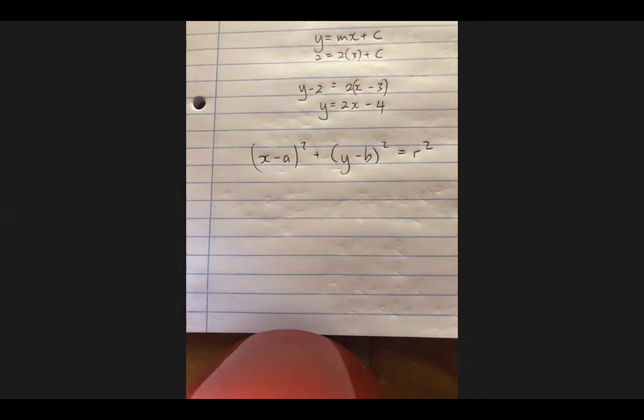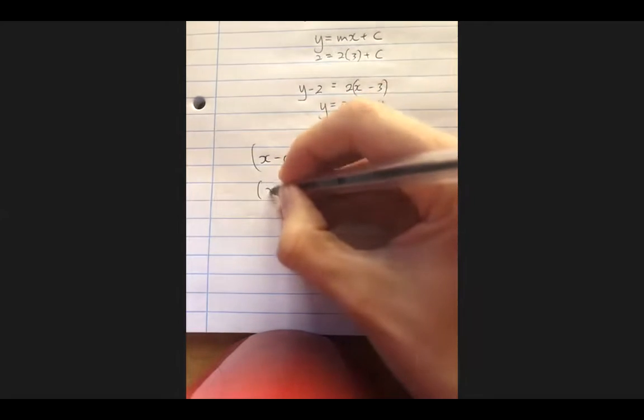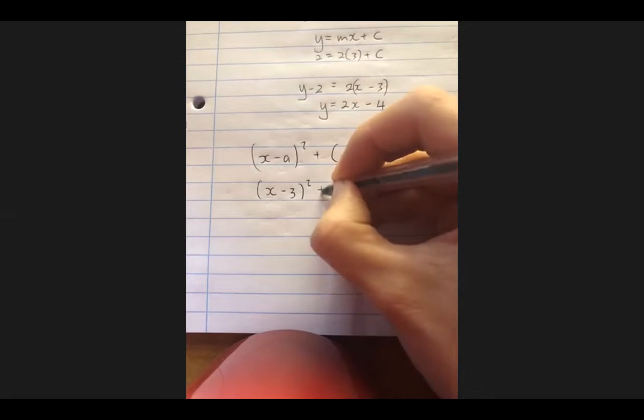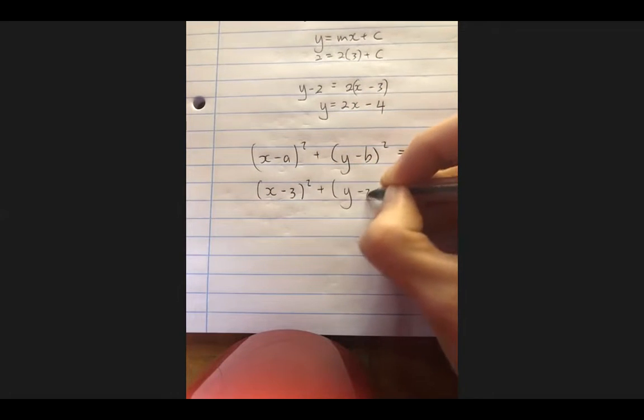So they're asking specifically for the equation with center B. So I'm going to use my B coordinate right into 3 and 2. I'm going to use it right into the A and the B. So my B coordinate had a 3 for my X, and it had a 2 for my Y.